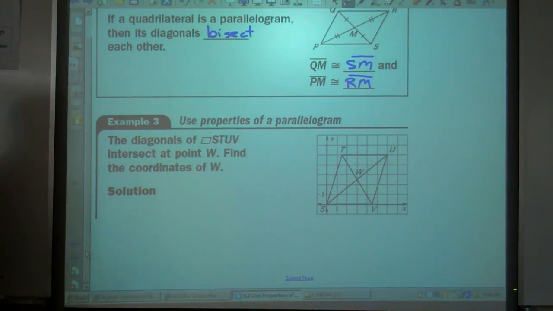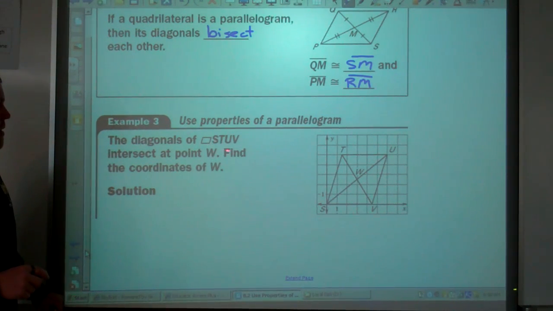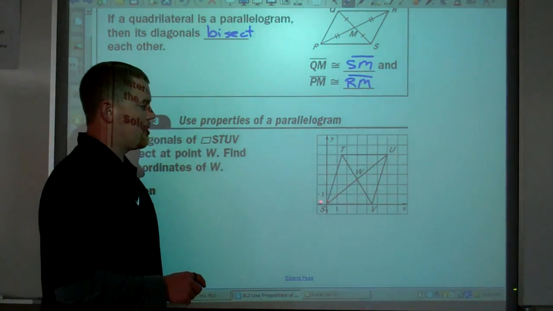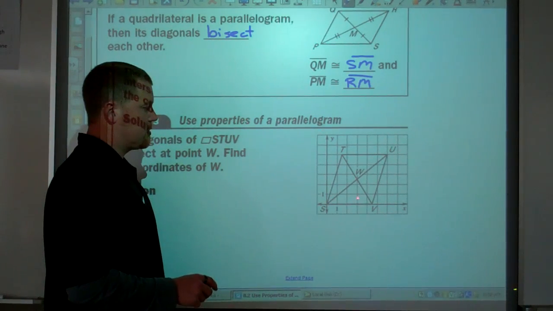Now, use properties of a parallelogram. The diagonals of parallelogram STUV, so we know it's a parallelogram, intersect at point W. Find the coordinates of point W. We're not going to say, okay, I go over 1, 2, 3, looks like it's 3, and up maybe 2.5.